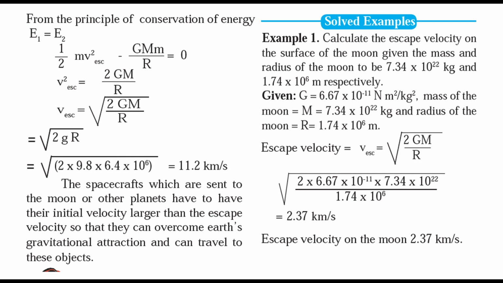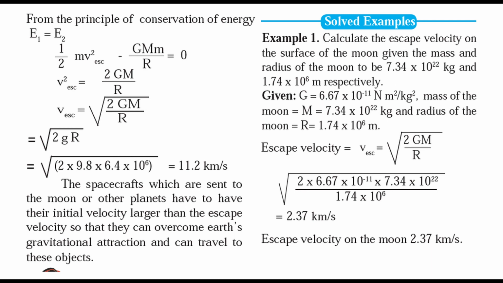So we can calculate velocity by rearranging this equation as v escape is equal to square root of 2 times GM divided by r, and putting the values together, you get the value as 11.2 kilometers per second as the escape velocity.